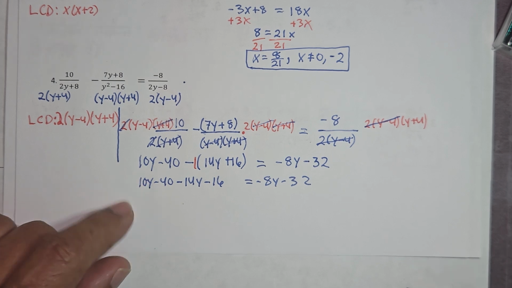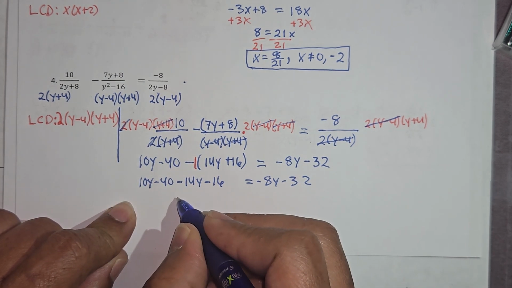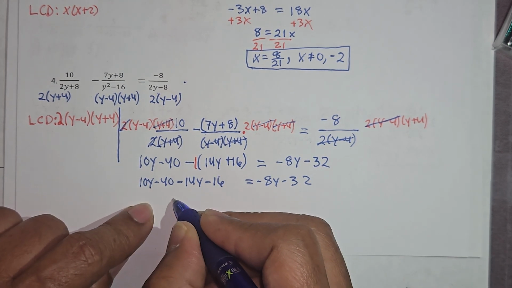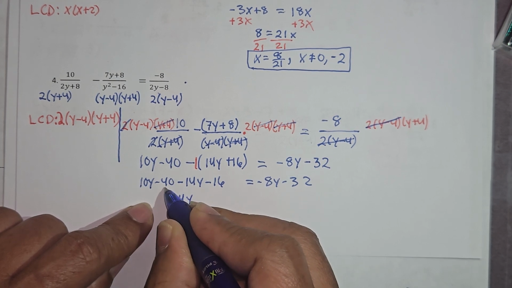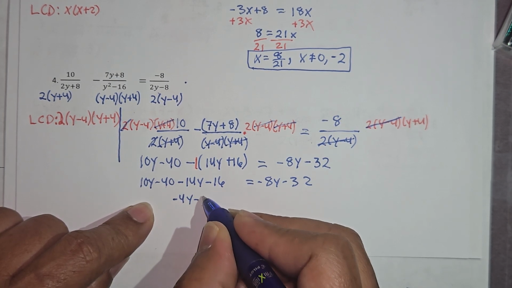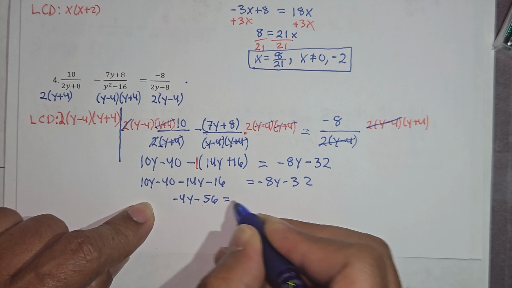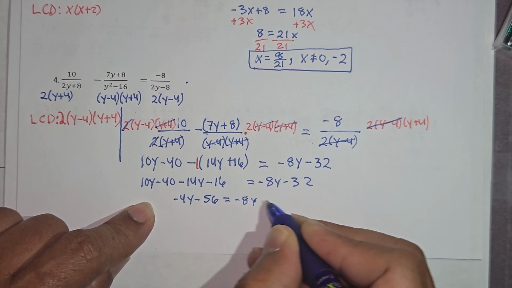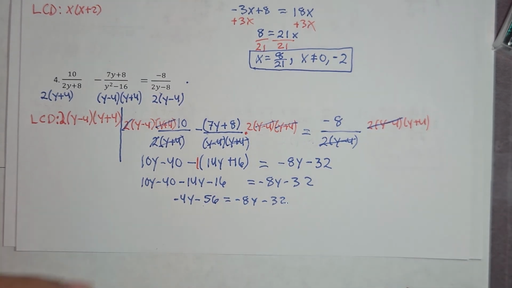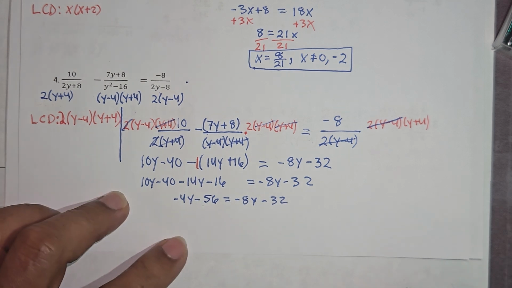So I'm going to combine like terms on this side. 10y minus 14y is negative 4y. Negative 40 minus 16 is minus 56. And this is equal to negative 8y minus 32. So I'm going to do two steps in one here.